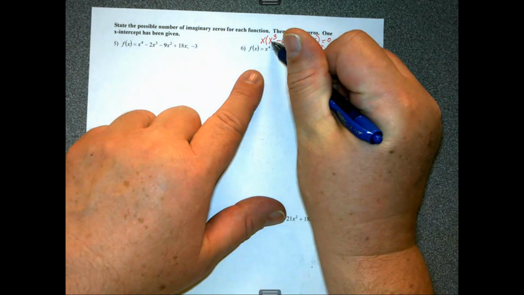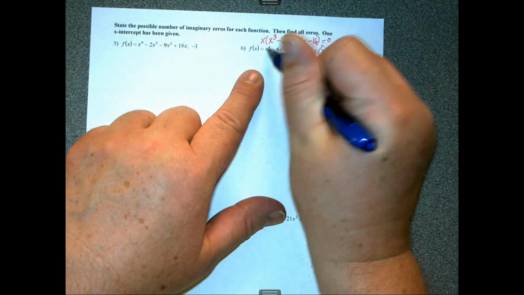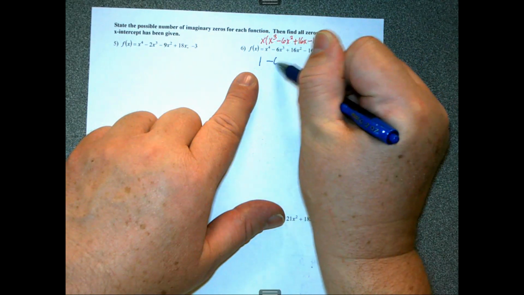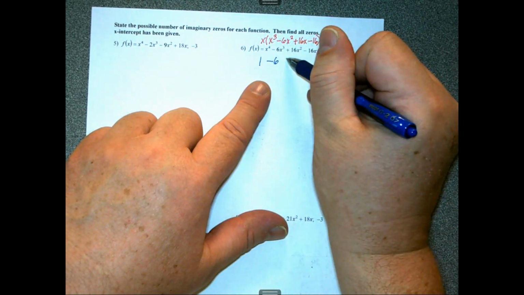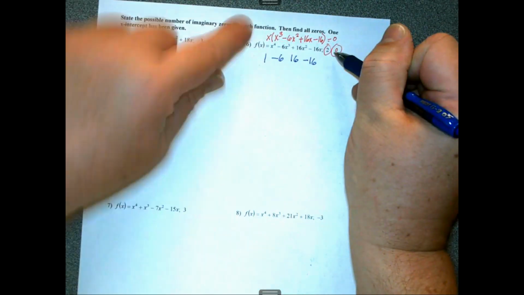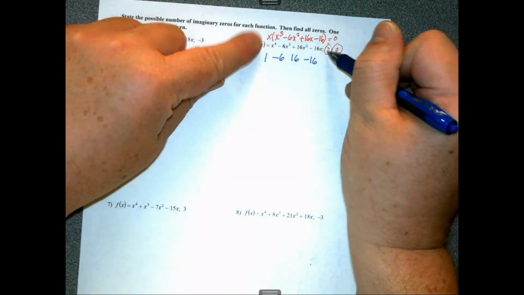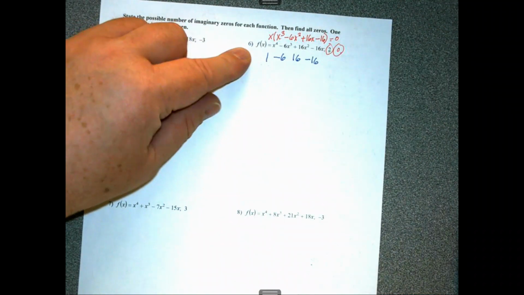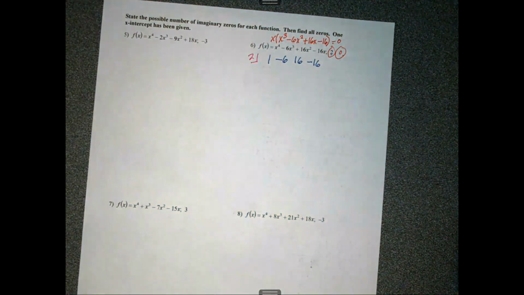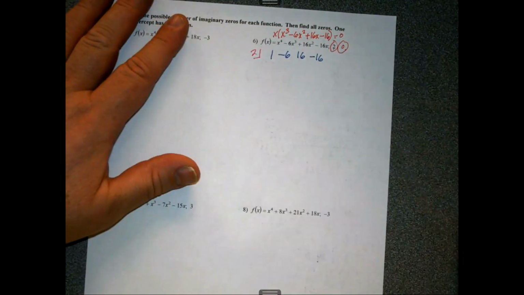Using this one, I have 1x cubed minus 6x squared plus 16x minus 16. I used the 0 to divide out, so I need to use the 2. That way, I only have to synthetically divide once instead of twice.